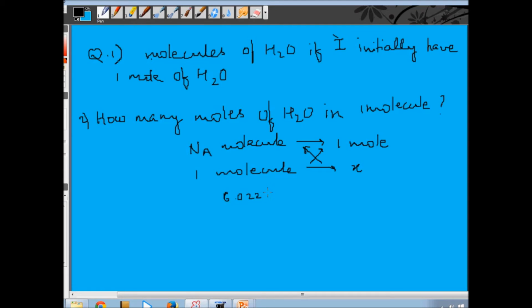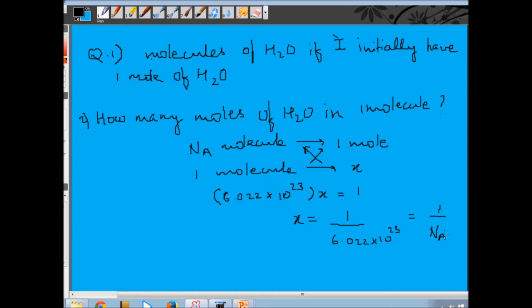So 6.022, okay, we are writing Na as 6.022 multiplied by 10 to the power 23. So this into X is equal to 1. 1 mole multiplied by 1 molecule is still 1. So X is nothing but 1 divided by 6.022 multiplied by 10 to the power 23, or it is 1 divided by Na.